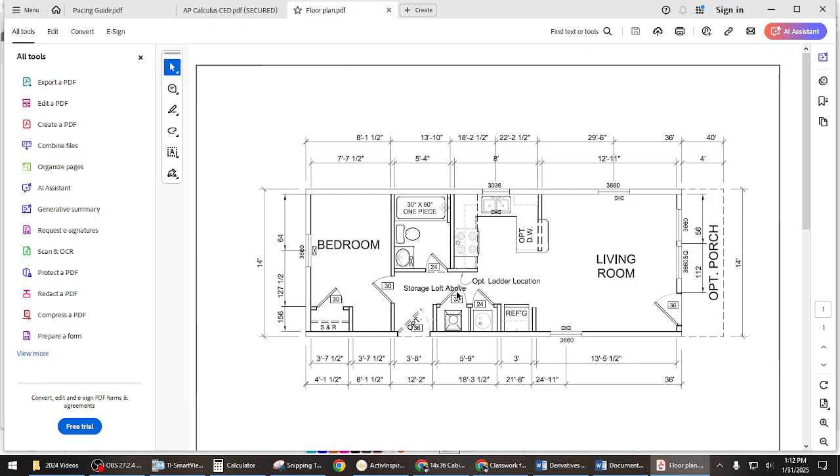And then, if they want to have an optional porch, why would they have an optional front door? I'm not seeing that optional front door. Yeah, it's down there. It says 36. Oh, this you mean? No, the one near the storage loft above thing, right in front of you.